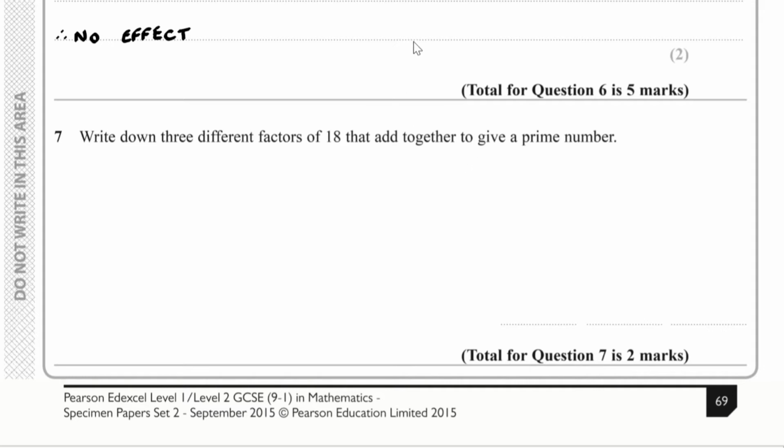Question number 7, we have to write down 3 different factors of 18 that add together to give a prime number. Well, the factors of 18: 1 times 18 gives 18, 2 times 9 gives 18, and 3 times 6 gives 18.